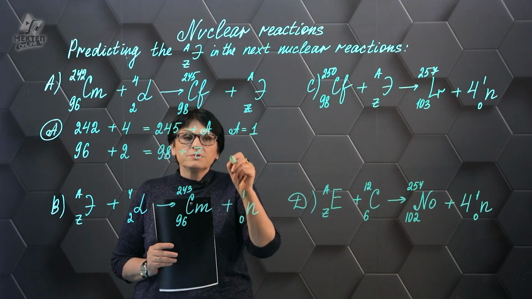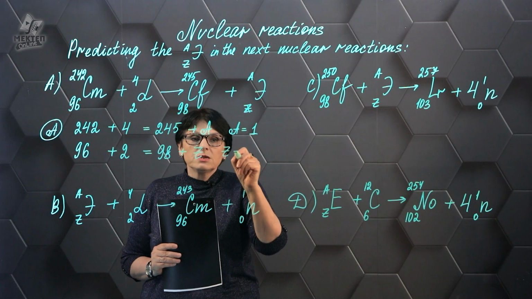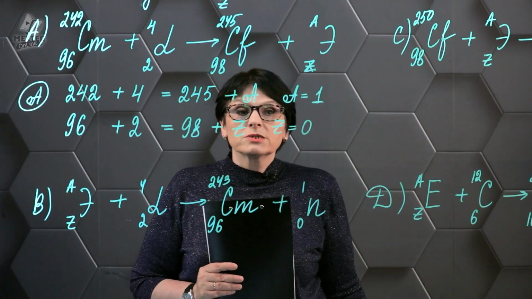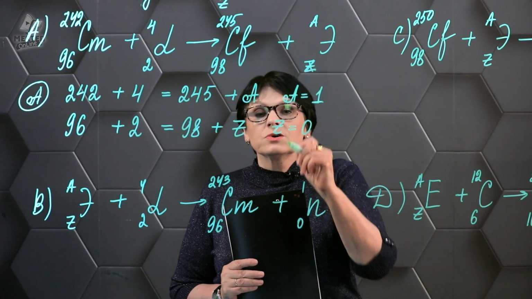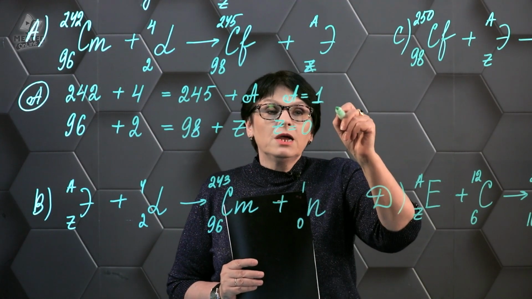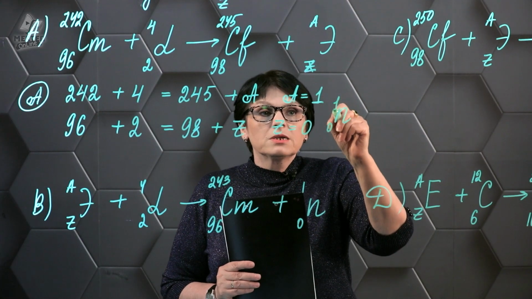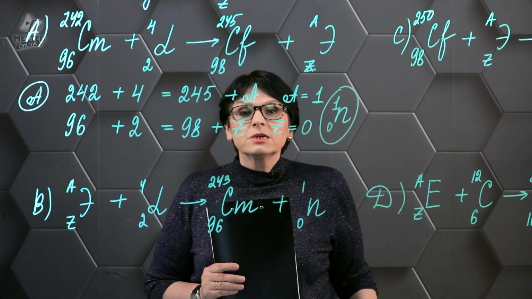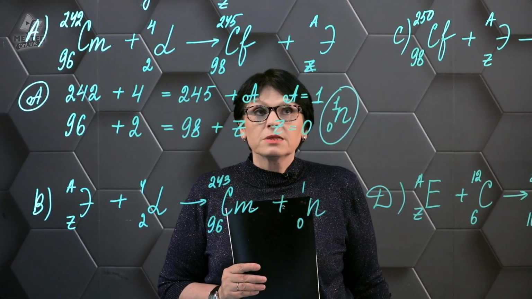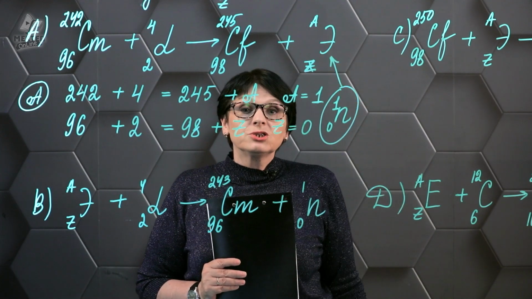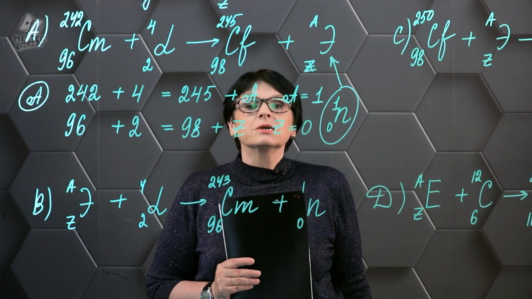And therefore, our unknown element will have Z in this case equal to 0. Then what do we get? The particle that has a charge of 0 and a mass of 1 is the neutron. It's this particle that will have this data. So in this case, this particle will be the neutron. So it's the neutron that's missing in this reaction.